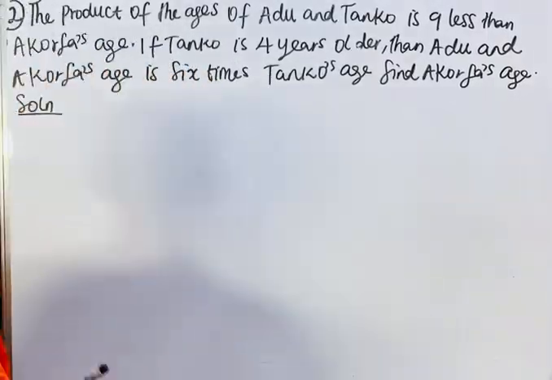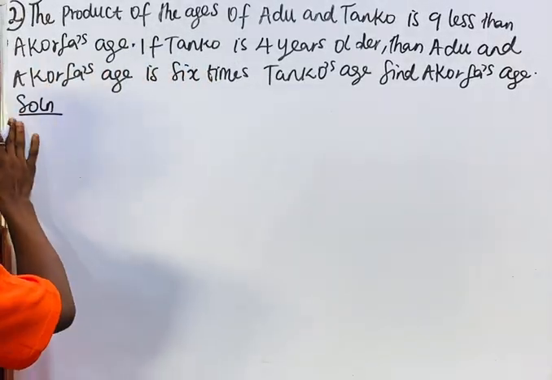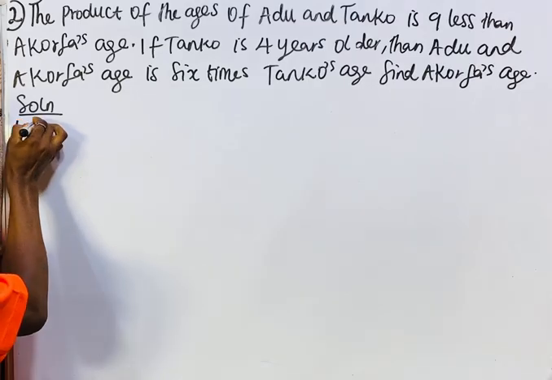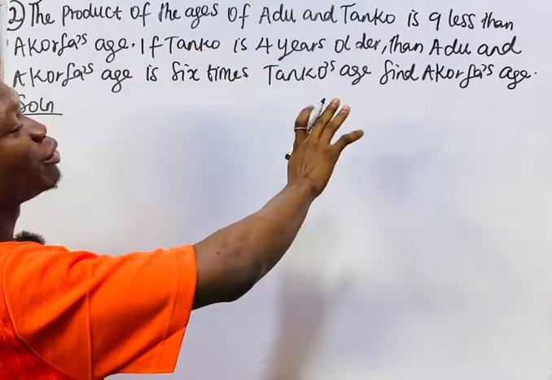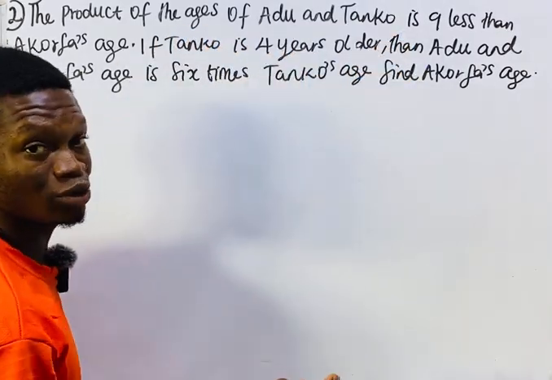It's very simple. Just write your solution and say let any variable you want represent all these names so that it will not confuse you.